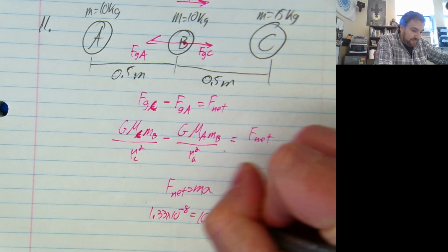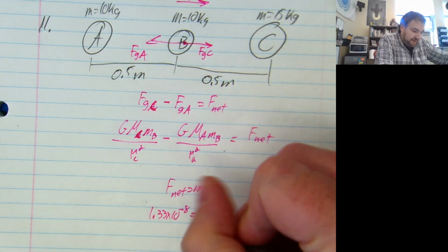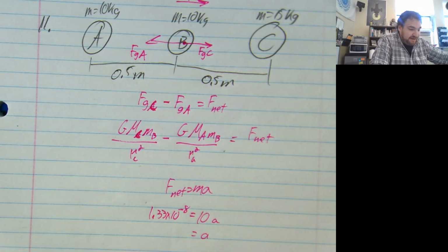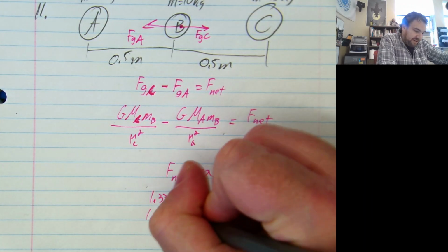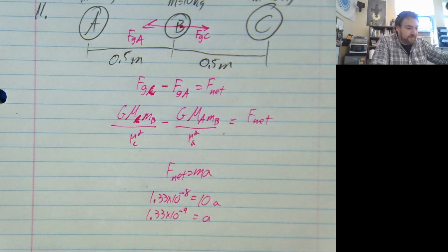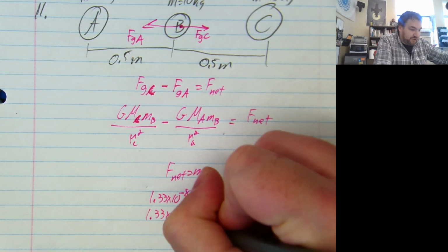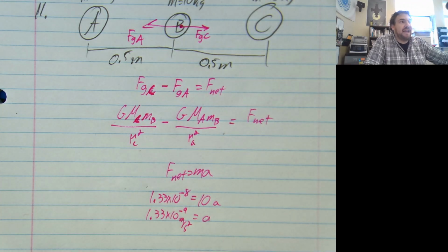That's going to be 10 times a. So then we're just dividing both sides by 10. That's just going to lower that exponent. It's going to be 1.33 times 10 to the negative 9 meters per second squared. So a just absolutely minuscule acceleration, but it's not zero.